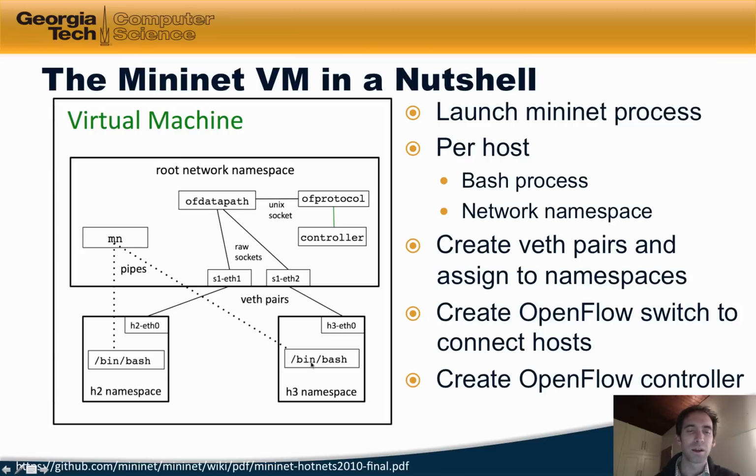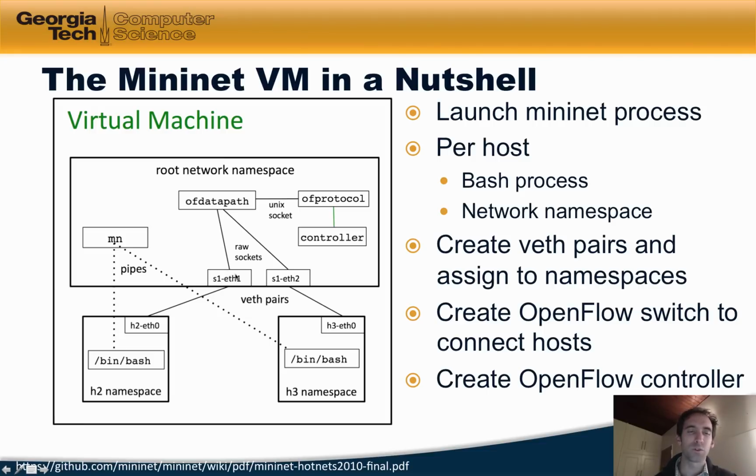At that point, each process represents a host, and each of these processes has its own network namespace. And the next thing that happens is Mininet creates what are called virtual Ethernet pairs. The idea here is to create a tunnel between the virtual interface that's in the namespace of a particular subprocess. For example, here, the H2 namespace has a virtual interface, and we need to connect that to a real interface that's sitting in the root network namespace.